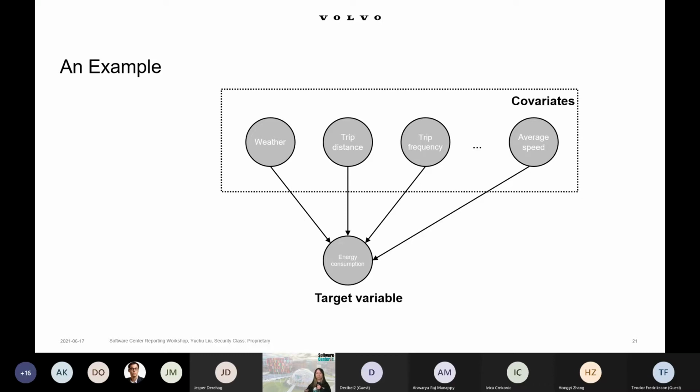They are confounding factors that influence the target variable, which is undesired, but you cannot control them in an A/B testing kind of setup. Now you introduce a new software developed by some genius in the company that is supposed to reduce energy consumption for this car, but how can you conclude that the energy consumption reduction is coming from the software, but not from the weather change?